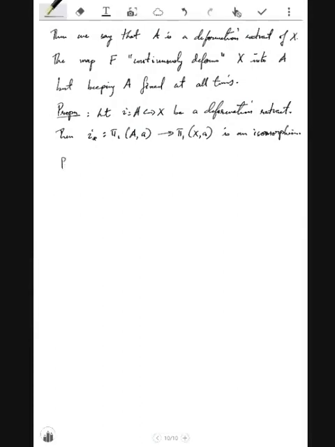So proof. Let F restricted to X cross 1 be defined to be r.